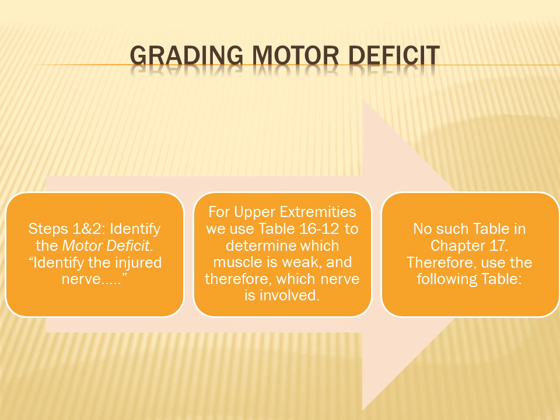Then, for the upper extremities, we use table 16-12 to determine which muscle is weak, and therefore to determine which nerve is involved. Now, we have no such table in chapter 17. Therefore, we use the following table, and I've provided this table for you in your handout materials and also in the PowerPoint presentation.